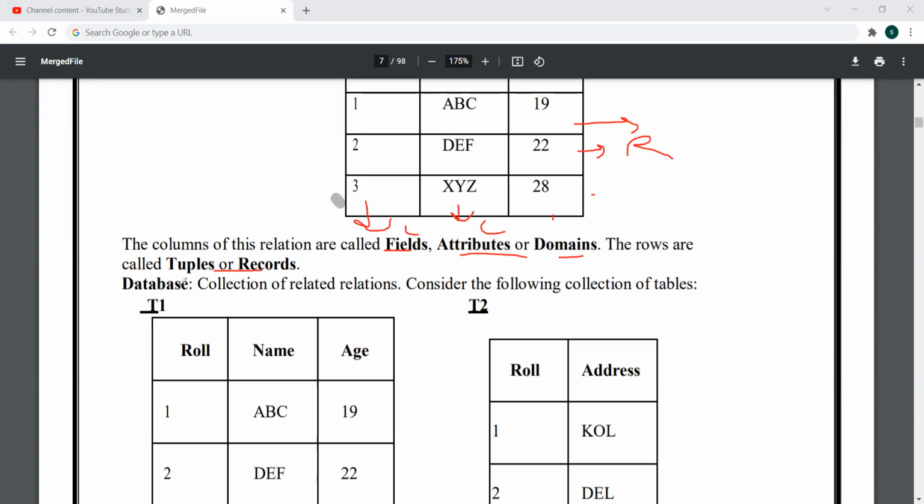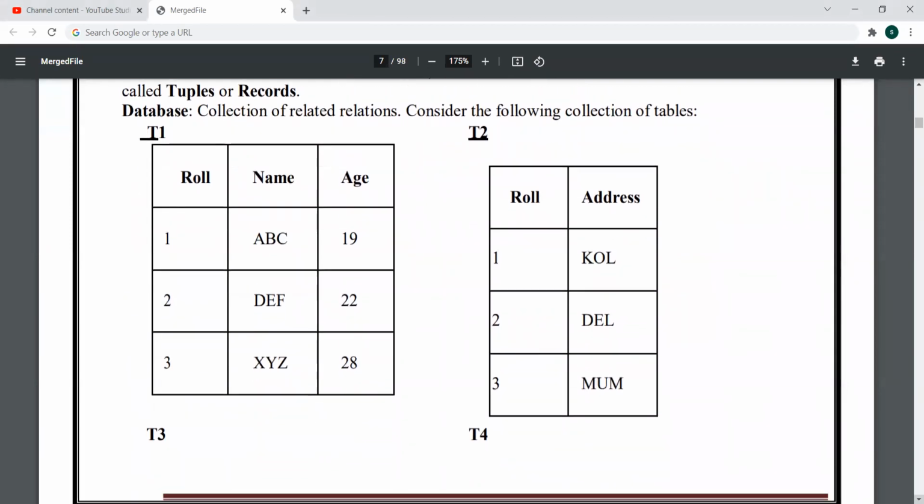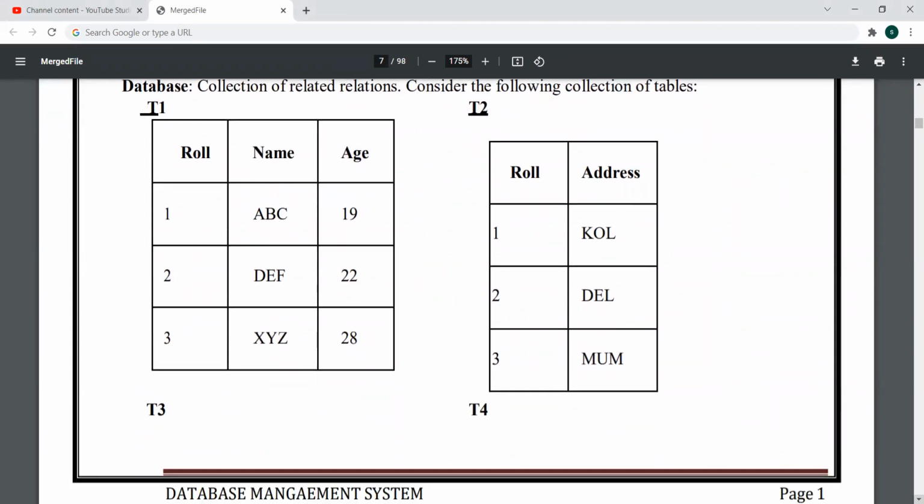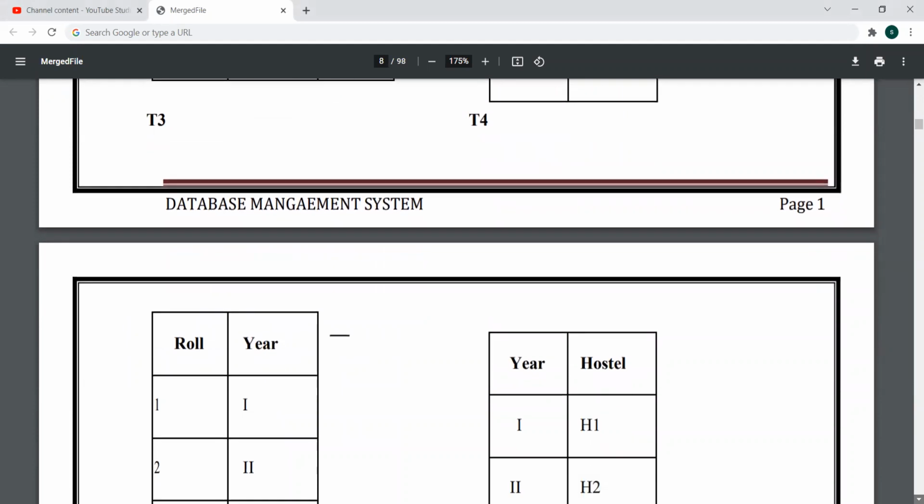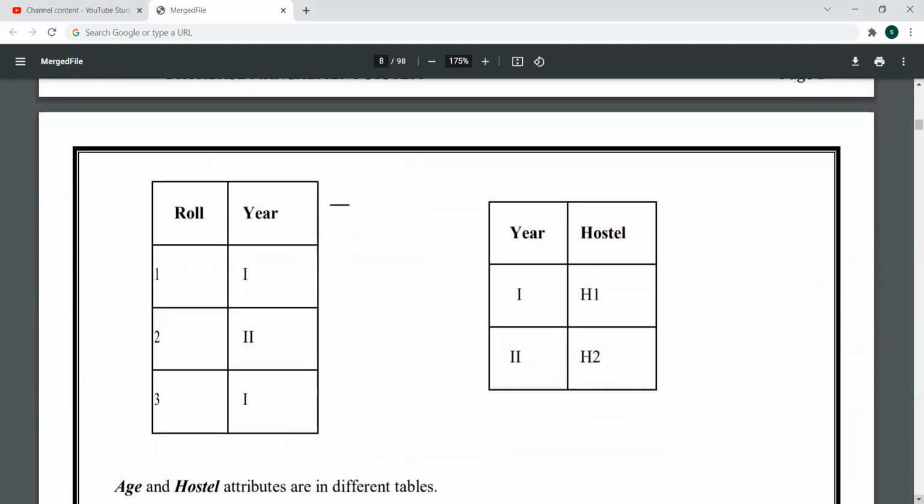Database. What do you mean by database? A database is a collection of related relations. Consider the following collection of tables. The first table is roll number, name, age, and the second table is roll number and address. Roll number and year are there.